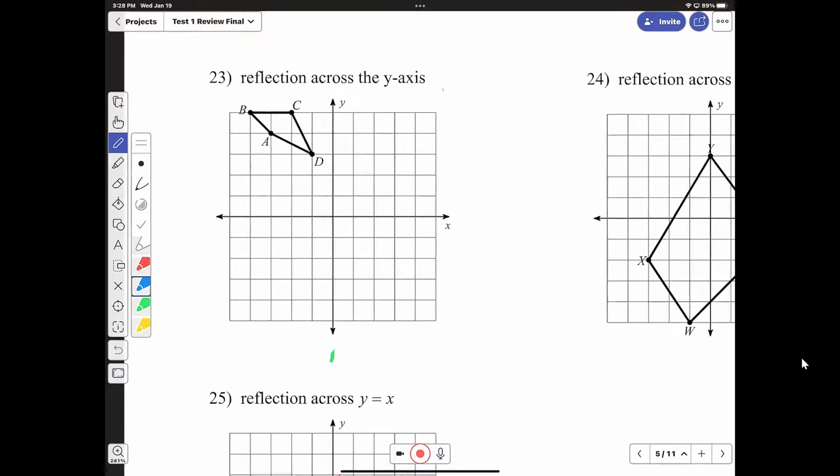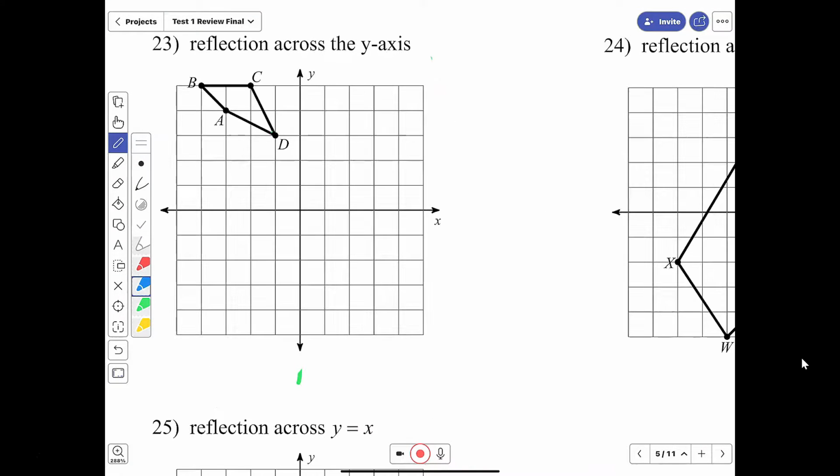So 23, we're going to go ahead and graph the reflection over the y-axis. Once again, here is the mirror. We know that D is 1 unit away, so D prime is right here. C is 2 units away left, so it's going to go right. C prime.